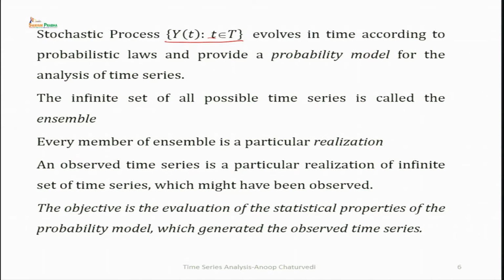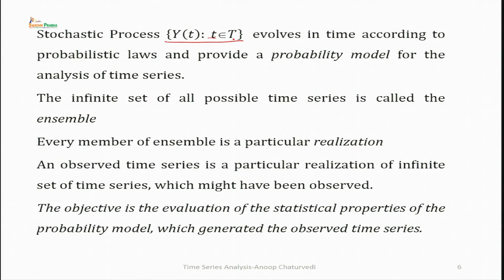Now, the infinite set of all possible time series is called the ensemble. Remember, for each particular t, you have a state space capital S in which y_t can take value, and small t belongs to capital T. So, small t also varies. So, you have an infinite set of all possible time series, and such an infinite set is called the ensemble.